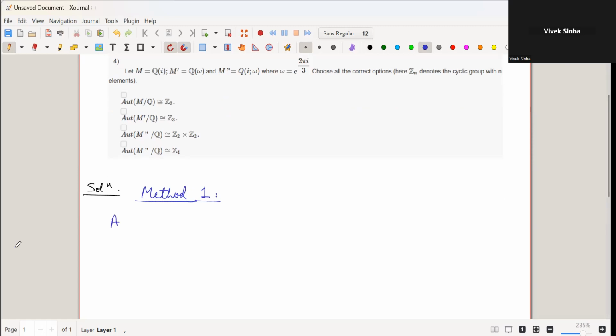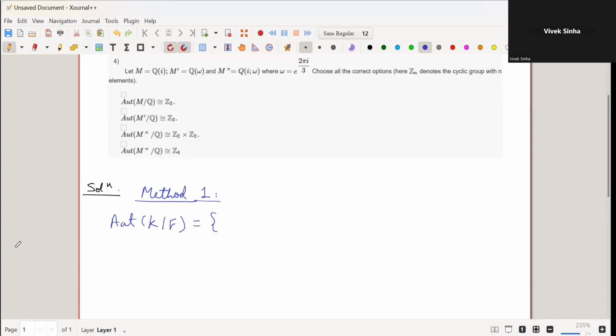What is this Aut M over Q? So let's say, maybe I will just write it Aut K over F in general.